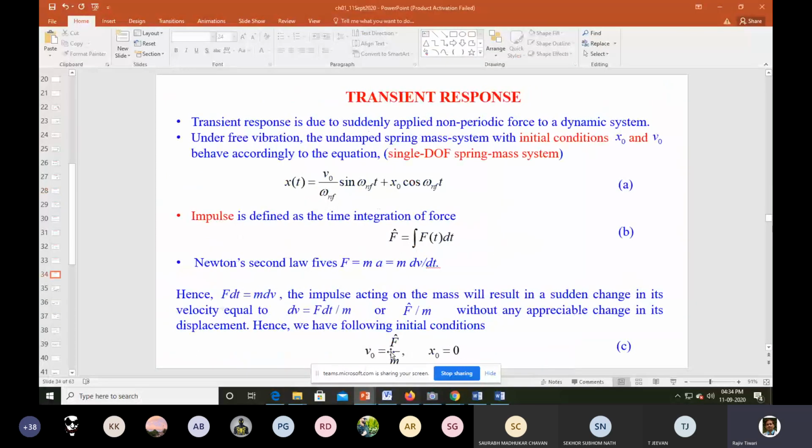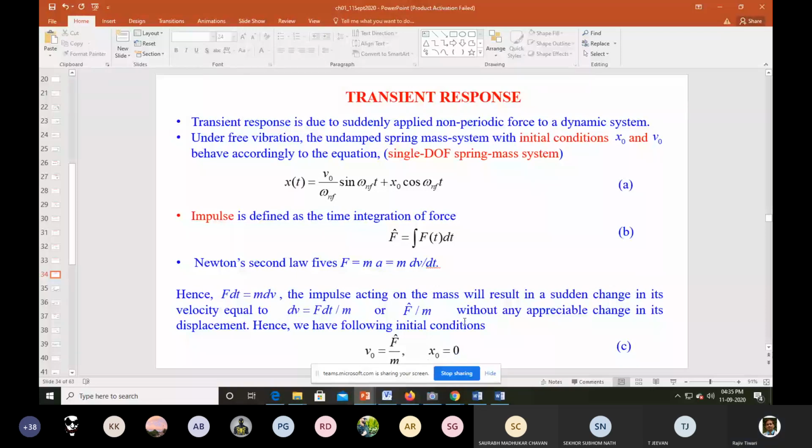Now what is the initial condition for velocity? Because of the impulse, we have v naught equal to F cap by m. Let us say the spring mass damper system was stationary. We applied an impulse, so at t equal to 0 it will have this velocity because of the impulse, but the initial displacement was 0.